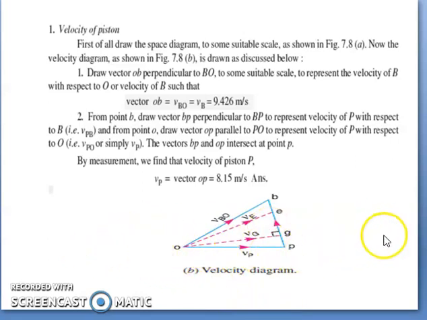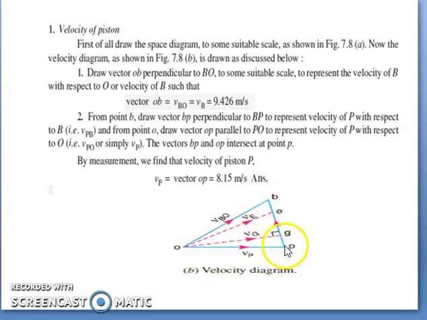These two lines will intersect at a point, and that point is the point P. If you measure PB, that will give the velocity of the connecting rod, and the velocity vector divided by BP will give the angular velocity of the connecting rod.